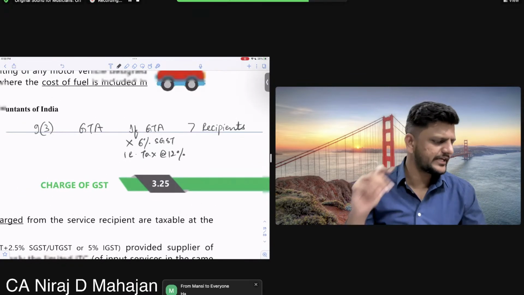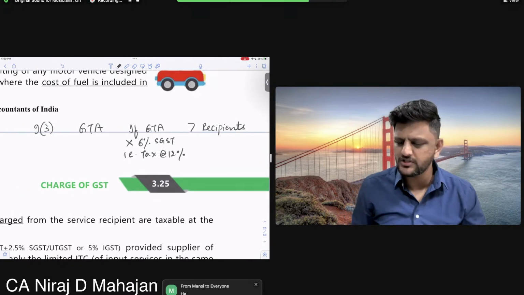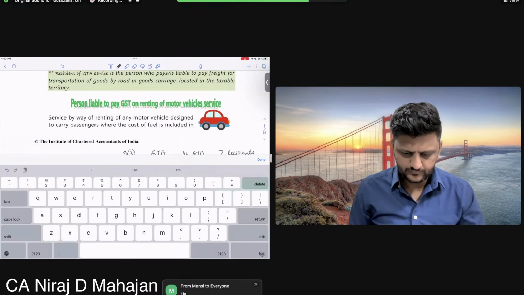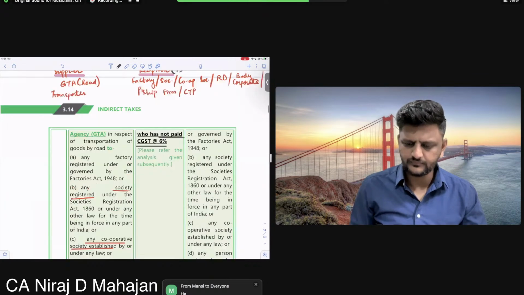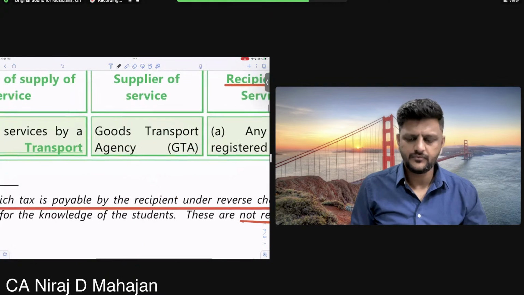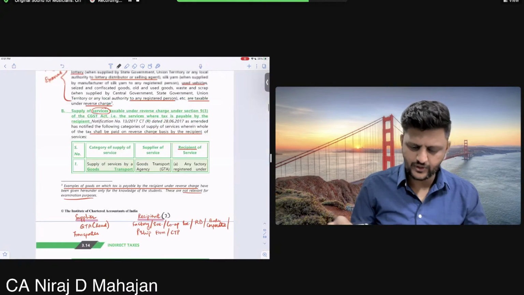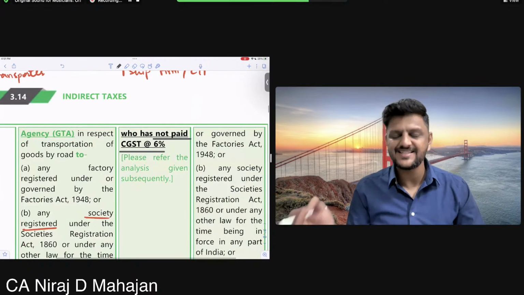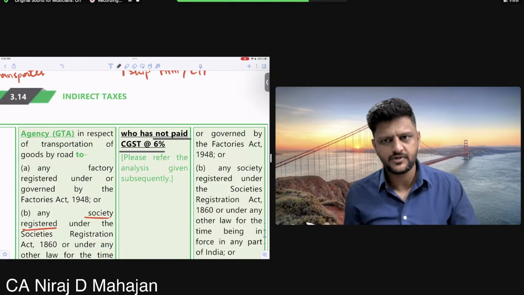Look at the wordings given in the textbook. What is written in the textbook? What is the page number? Tell me quickly. Check. Here. GTA. Okay. Page number 3.13. GTA who has not paid CGST at 6%. Clear till here?